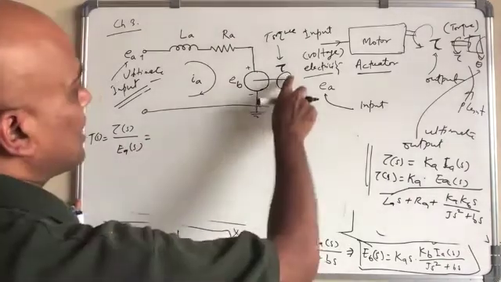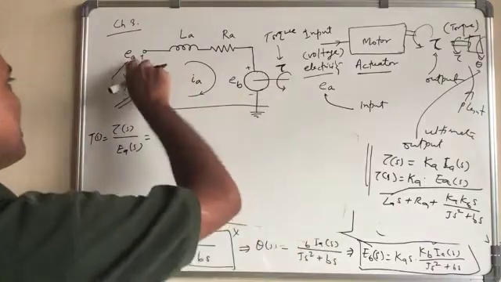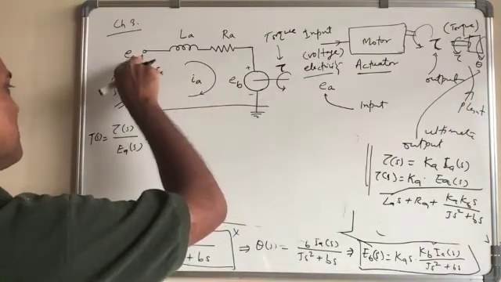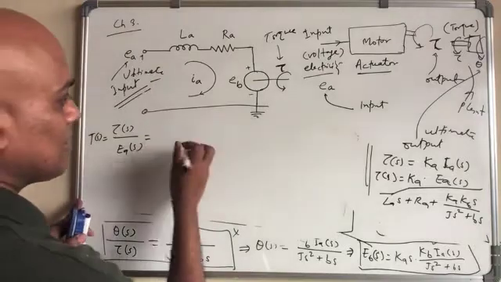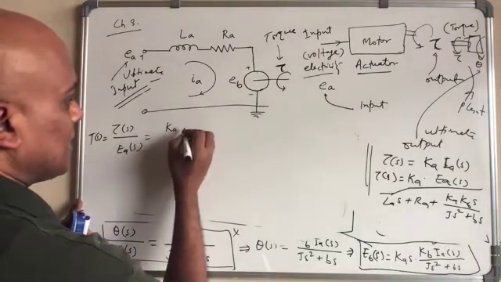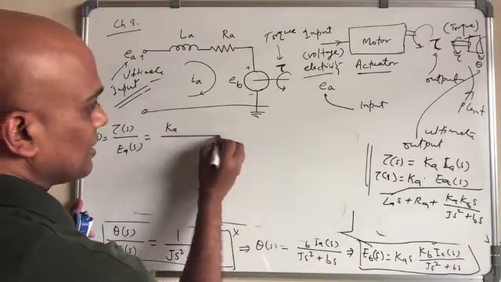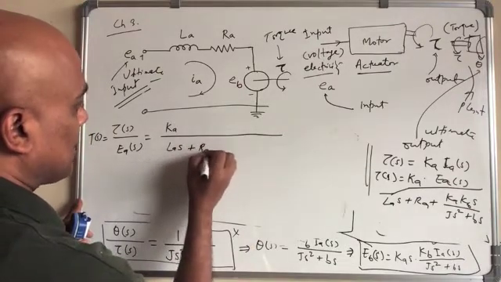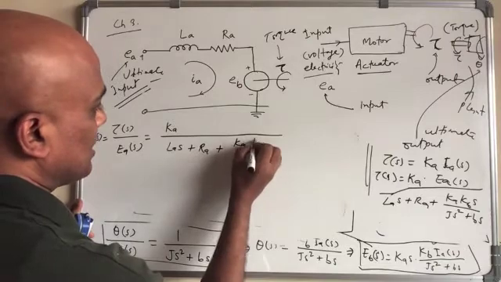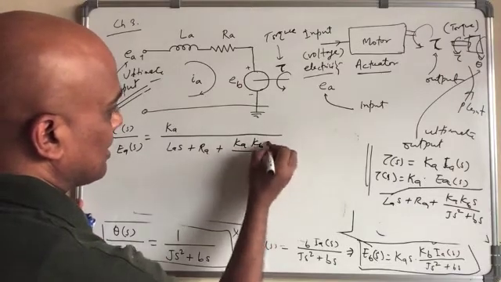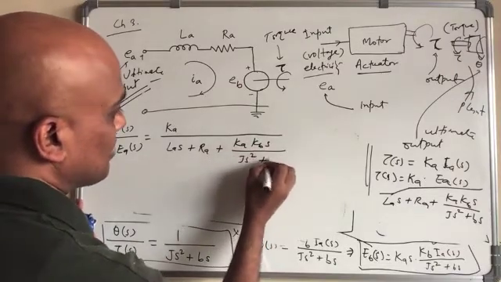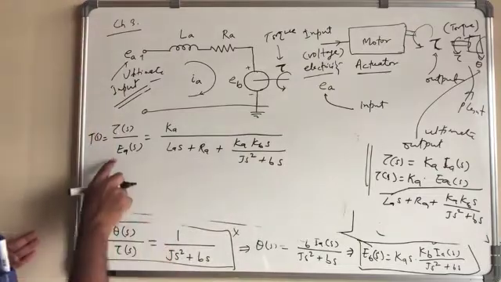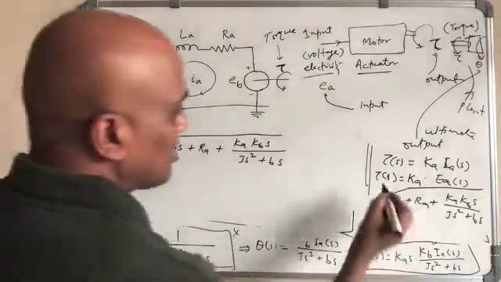Now we are talking about how the torque is related to the input voltage, and which is given by KA divided by LAS plus RA plus KA KB divided by JS square plus BS.